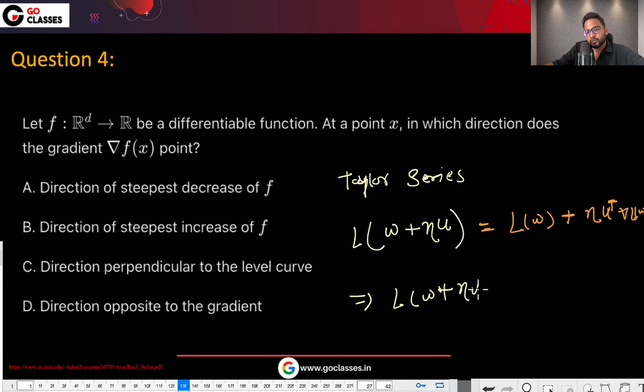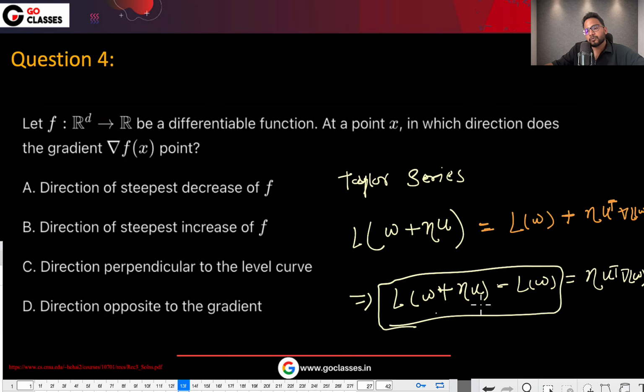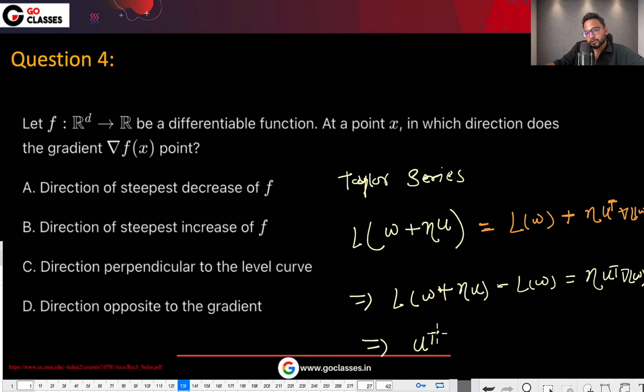If you want decreasing, then it should be less than 0.